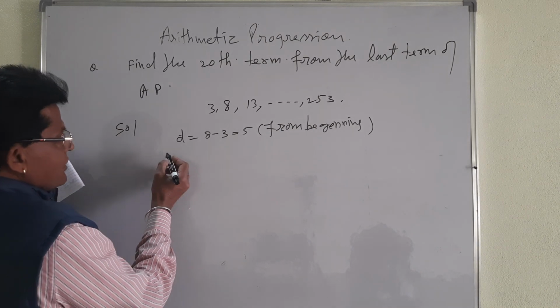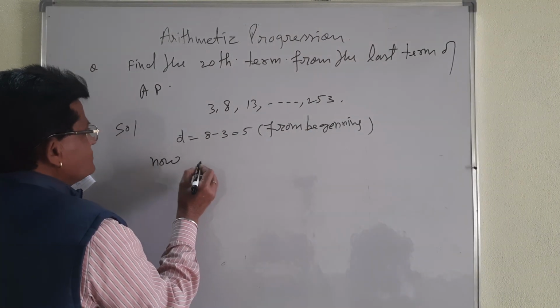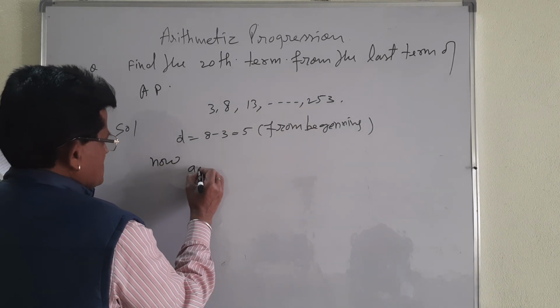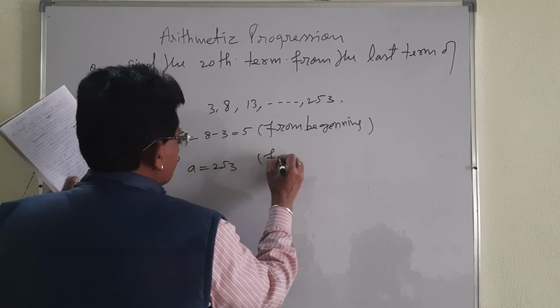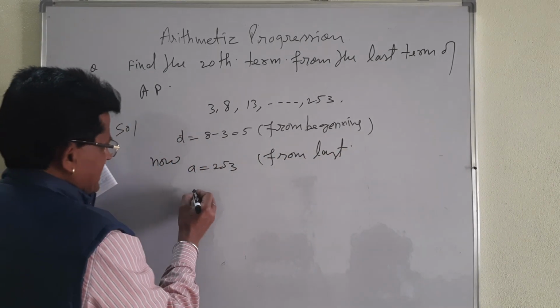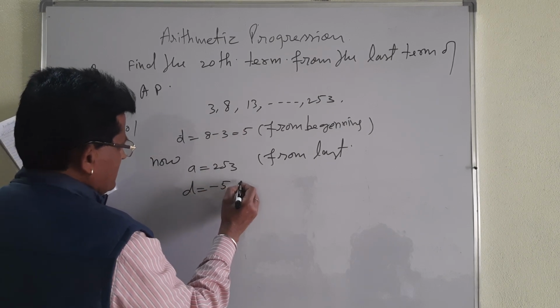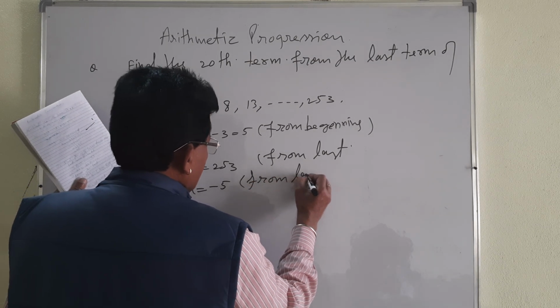And now the term I am taking, from the last, the first term will be equal to 253. That is from last. And my dear student, the common difference is 5, but it will be negative 5 from last.